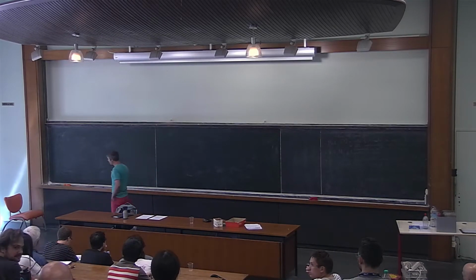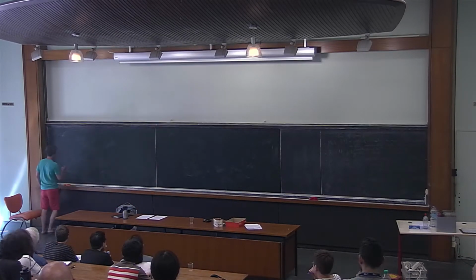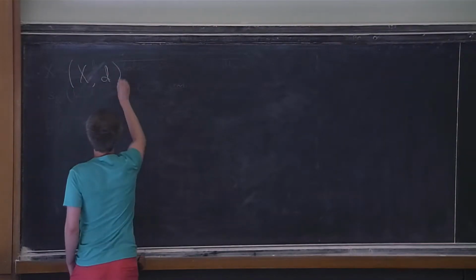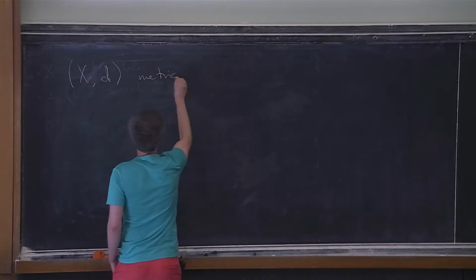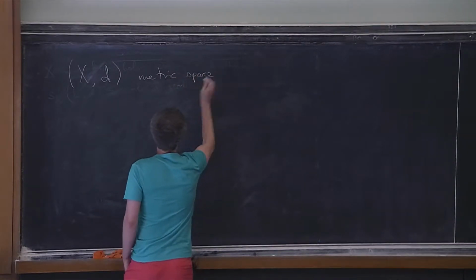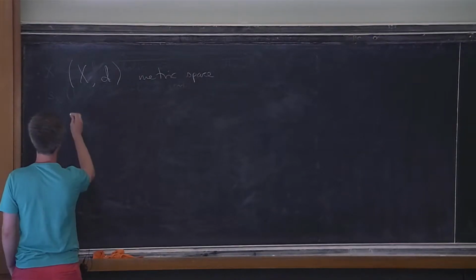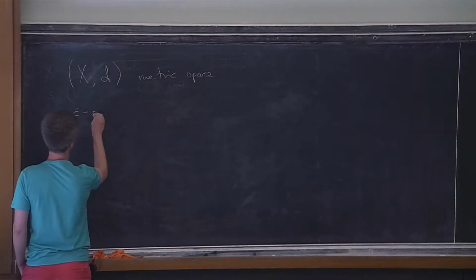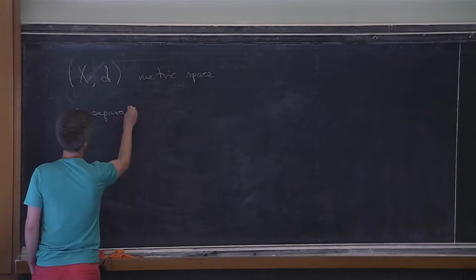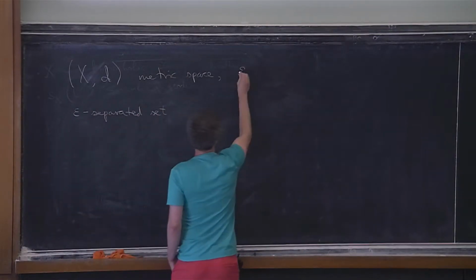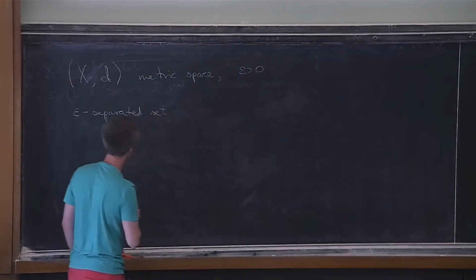So first I need to remind you what topological entropy is. Let me recall that if you have (X, d) a metric space, we'll be interested in epsilon separated sets. So epsilon, as usual, is some number bigger than 0 that's very small.